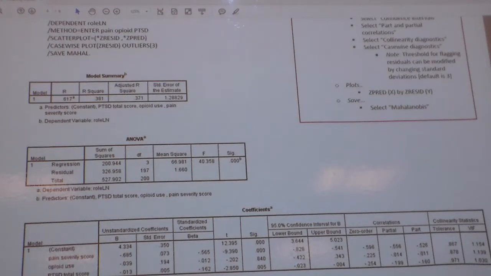But you can think about this as kind of like an ANCOVA model, right? So if we adjust for pain and PTSD, this is the average difference in our outcome that we would expect between this group and that group, okay? So again, thinking about t-test is just a special case of linear regression. Same exact thing, right?